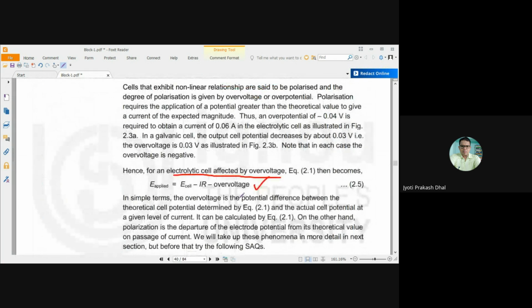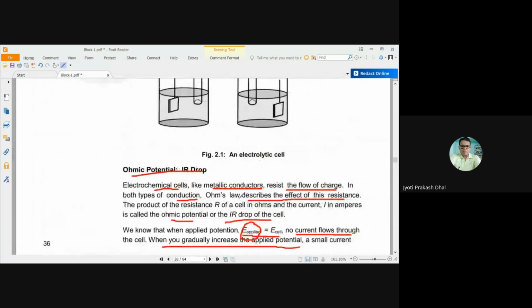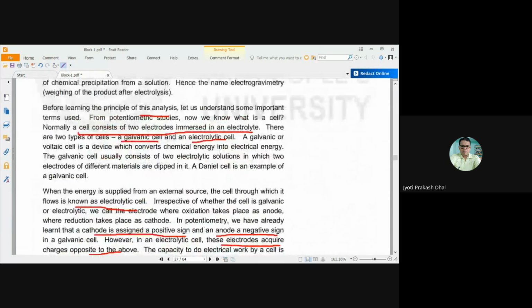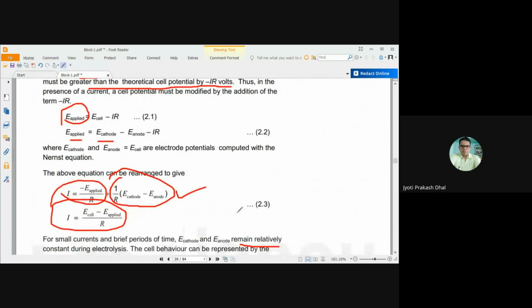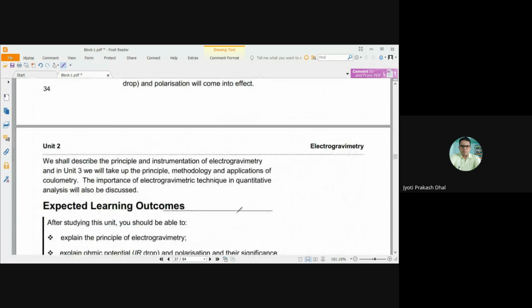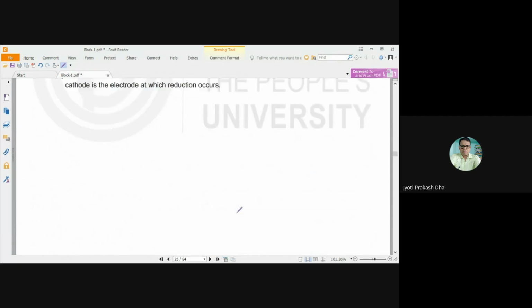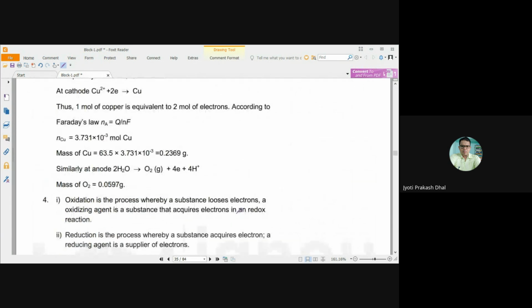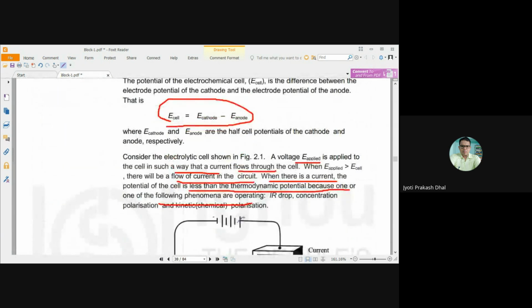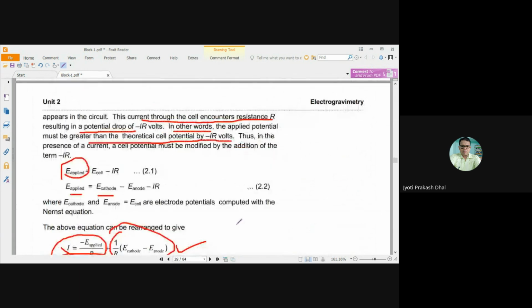So you can see this is equation 2.1: E applied equals E cell minus IR.